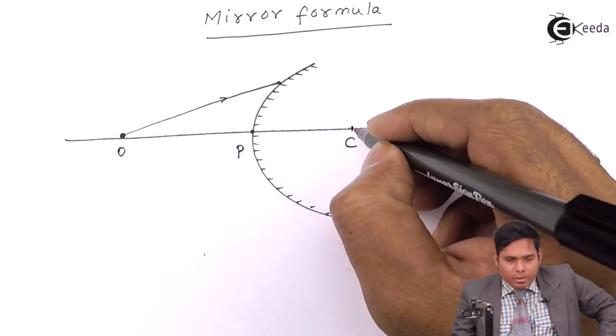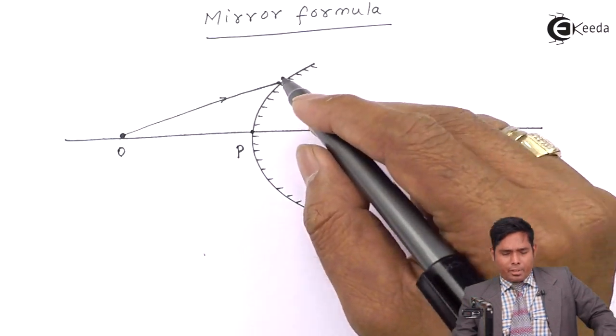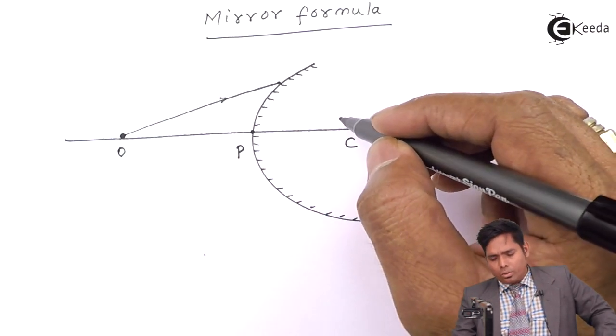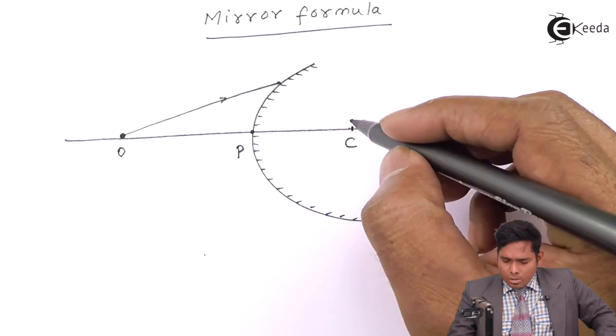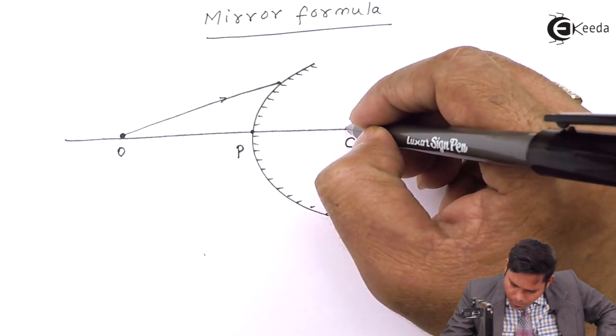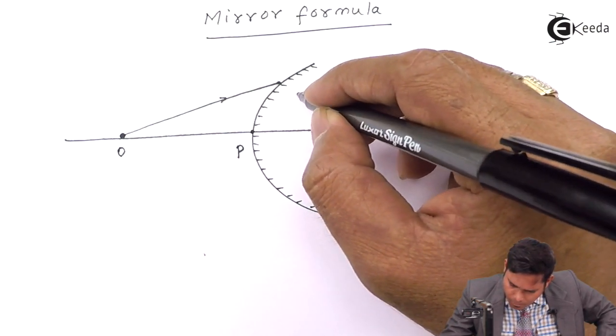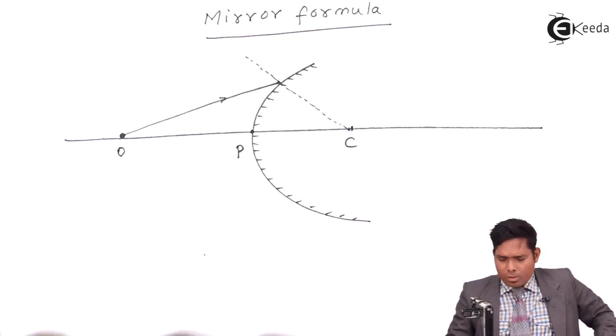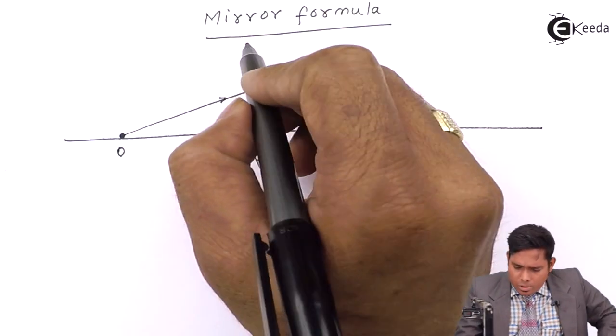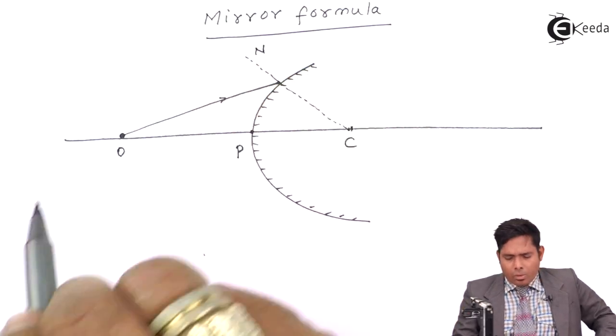If this is the center of curvature, then from the center of curvature to any point you are interested in, if you draw a line, that is the normal. So here this is the normal. This is your N normal.